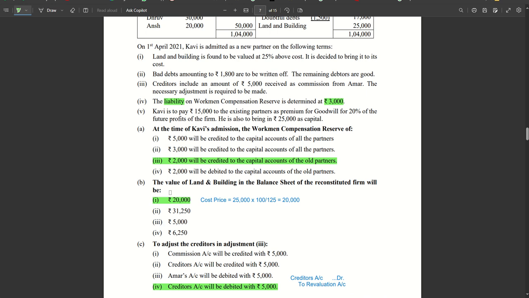Number B, the value of land and building in the balance sheet of the reconstituted firm will be. Now, if you see point number 1 here, land and building is found to be valued at 25% above cost. It is decided to bring it to its cost price. So again, this is a little tricky.